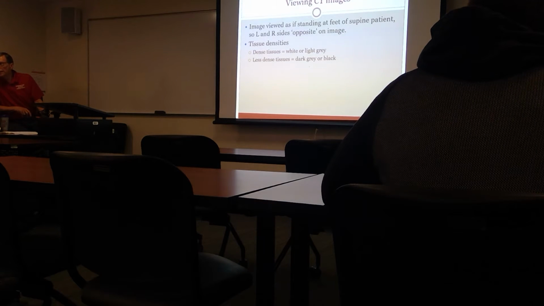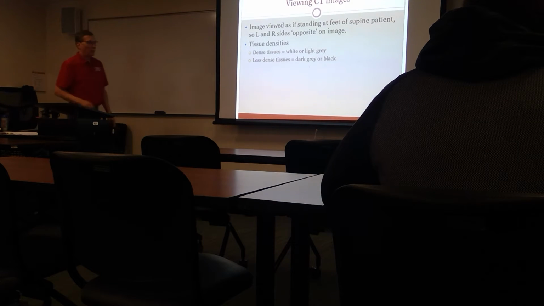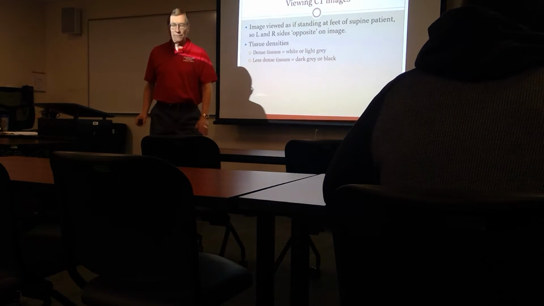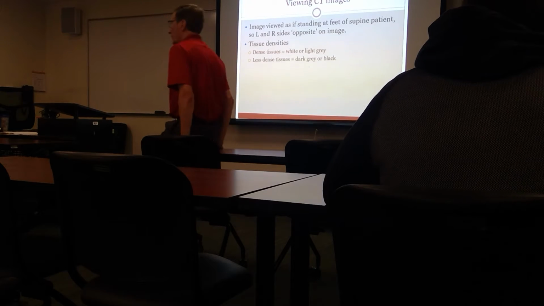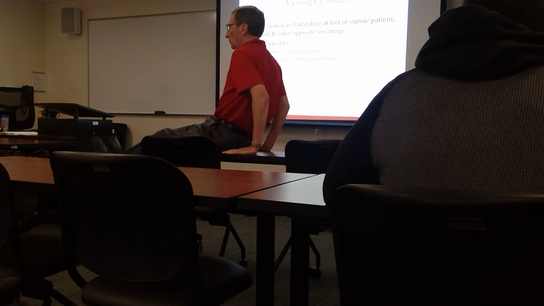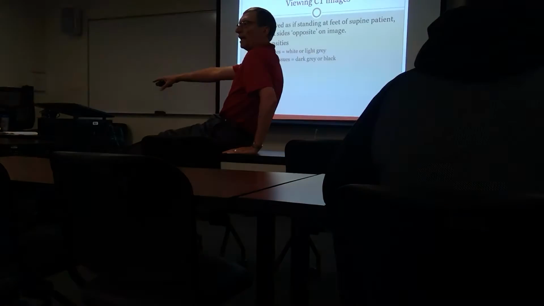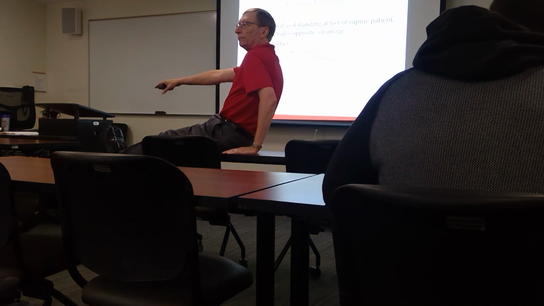So viewing CT images, you want to view them as if you're standing at the feet of a supine patient. So that's kind of bizarre. Basically, I'm not going to go supine, I'll go long sitting, as if you were standing below my feet.